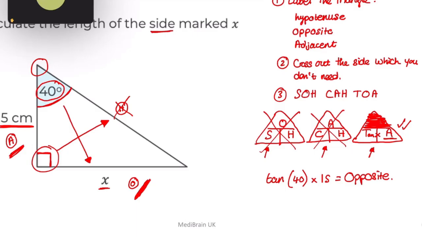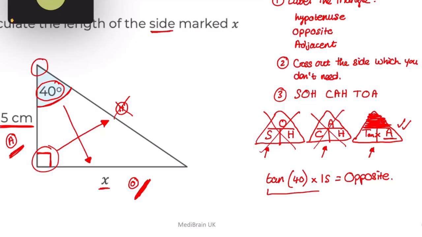Okay, now at this point, you can just use your calculator. So if you go onto your calculator, you can see that on the third row down, you have sin, cos, and tan. Okay, so all you're going to do is you're going to click tan, and a bracket will open up. And then you're going to type in 40, close your brackets, and then you're going to multiply by 15.